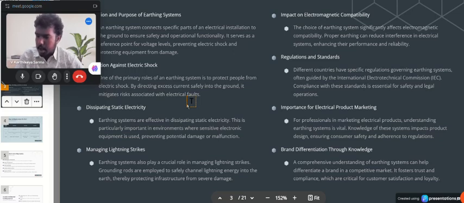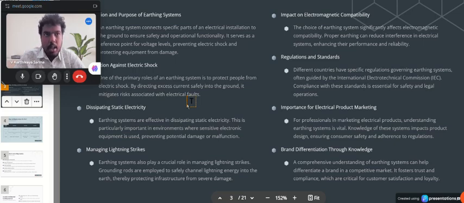Now, what are the basic parts of earthing? The basic parts of earthing are the earthing plate, earthing wire, grounding wires, and so on. What are the potential benefits of earthing?